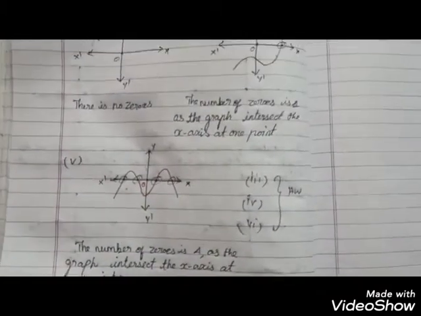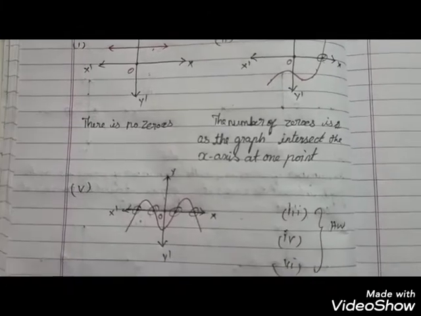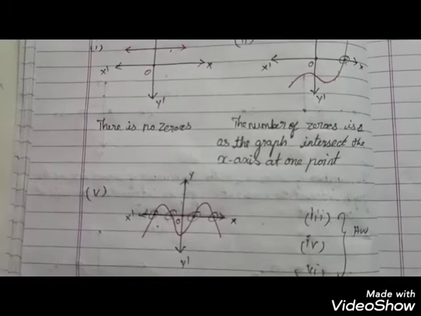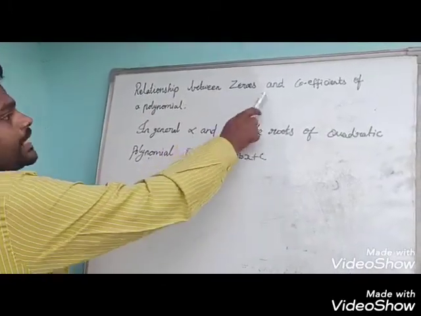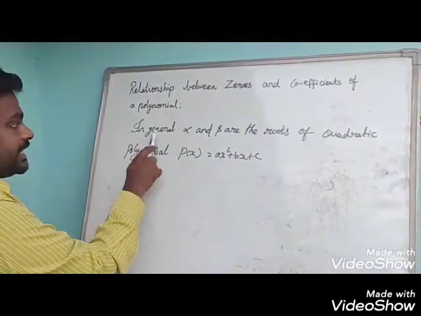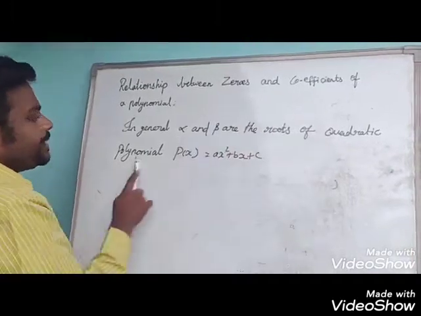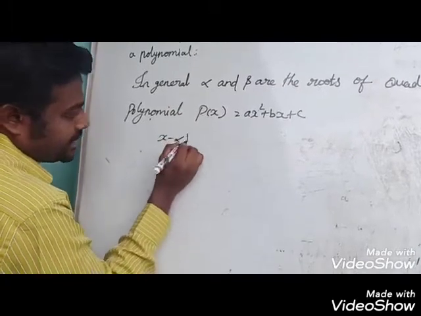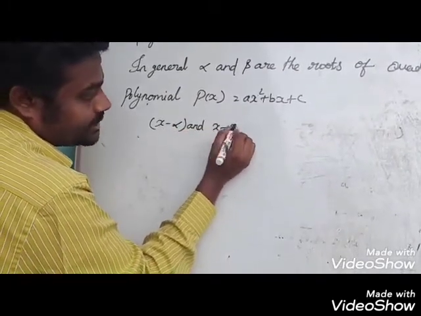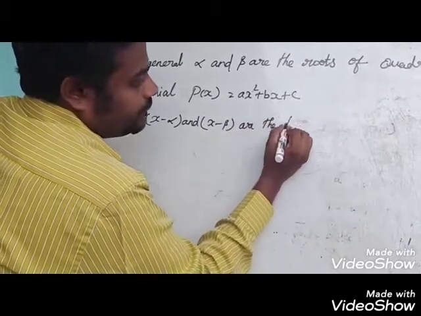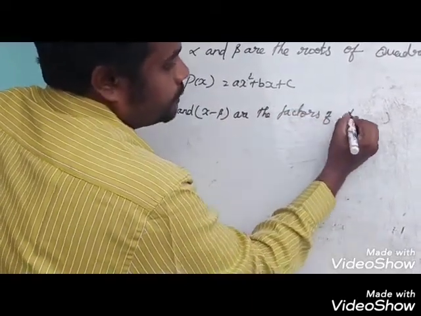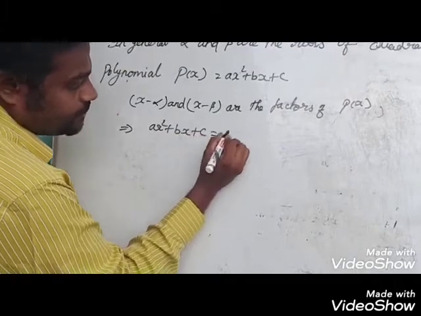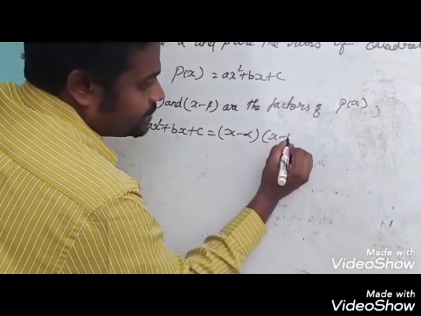Next we move on to the relationship between zeros and coefficients of a polynomial. In general, alpha and beta are the roots of the quadratic polynomial p of x equals ax square plus bx plus c. So x minus alpha and x minus beta are the factors of p of x, which implies ax square plus bx plus c equals x minus alpha into x minus beta.